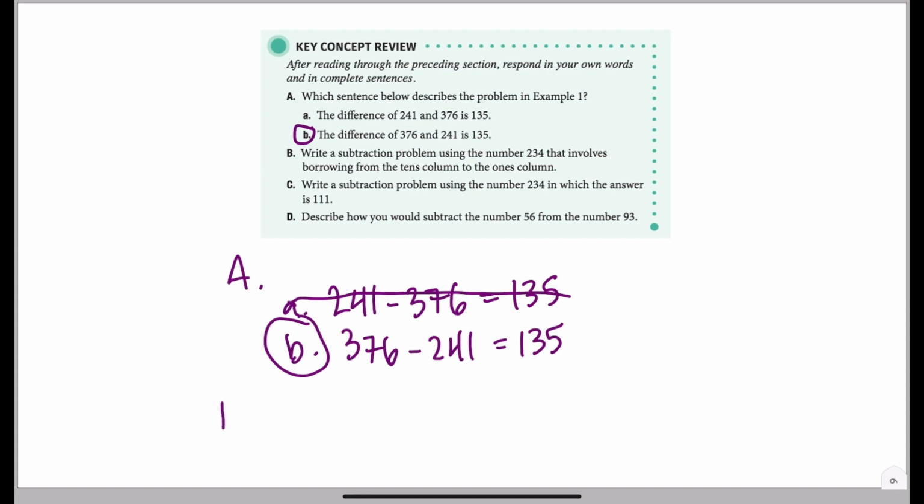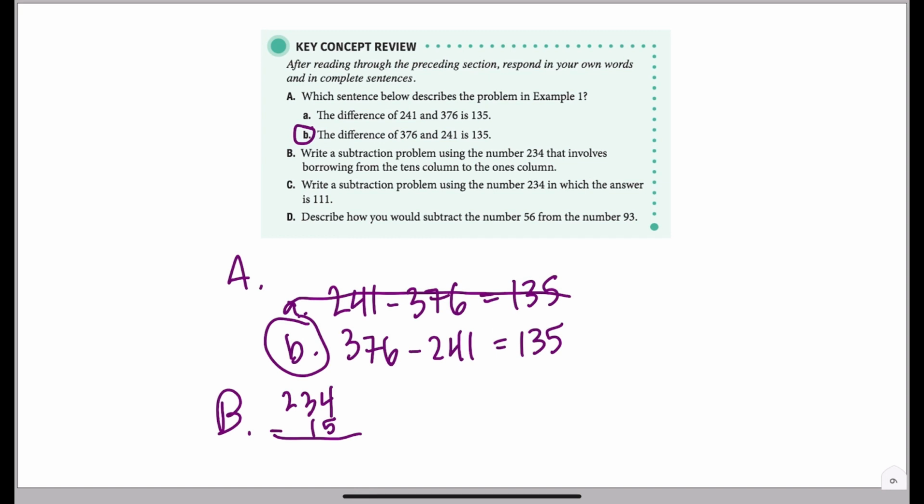We'll look at part B. Write a subtraction problem using the number 234 that involves borrowing from the tens column to the ones column. Okay, so that could be something like 234 minus 15, right?